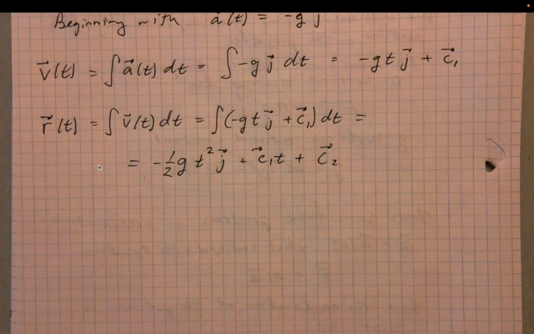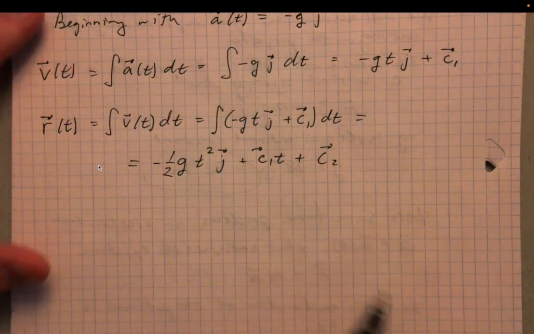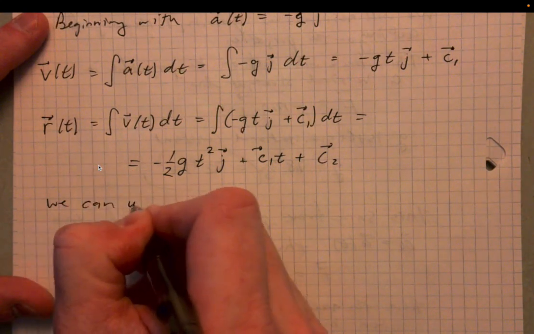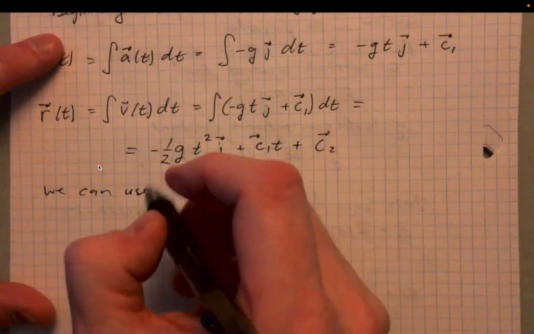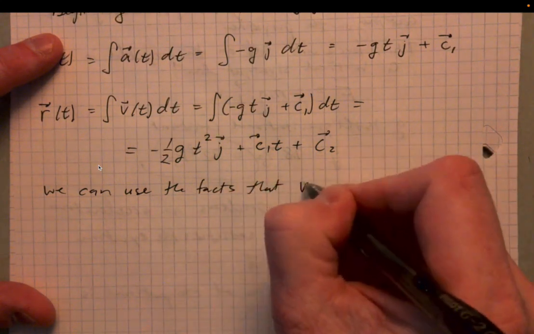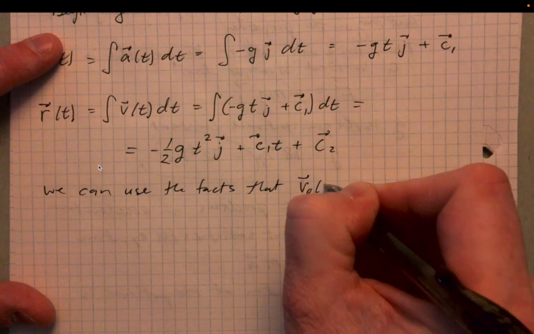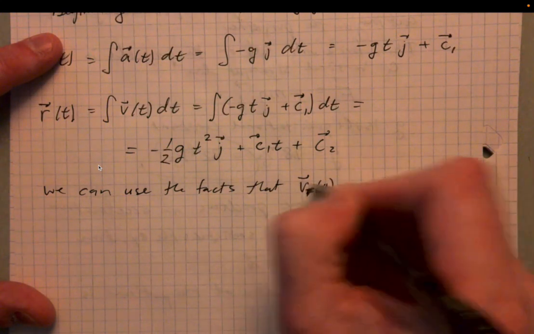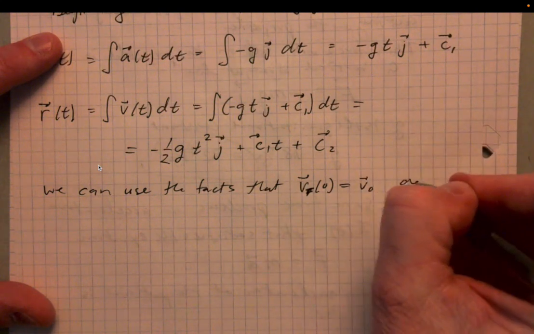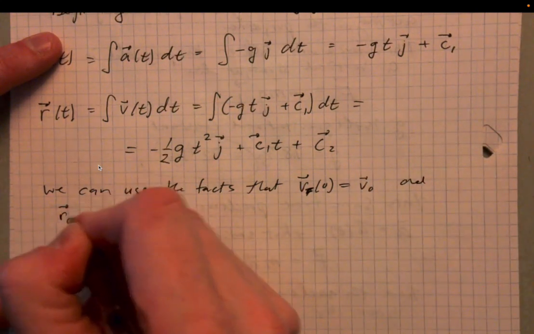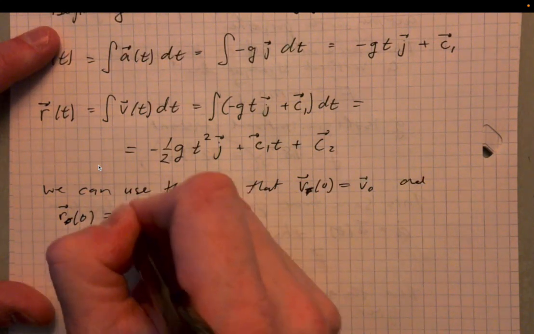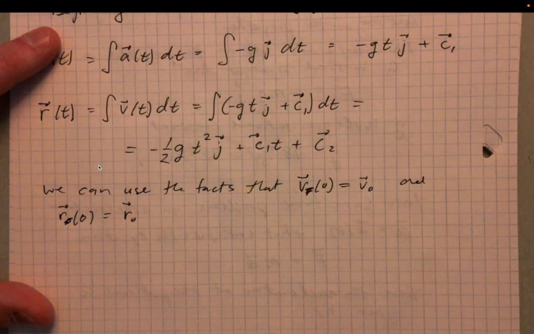Okay, and we can use some of the facts that we've gathered up to this point to figure out what these constants are. We can use the facts that the initial velocity, v of 0, is equal to v0, and that the initial position r of 0 is equal to r naught.